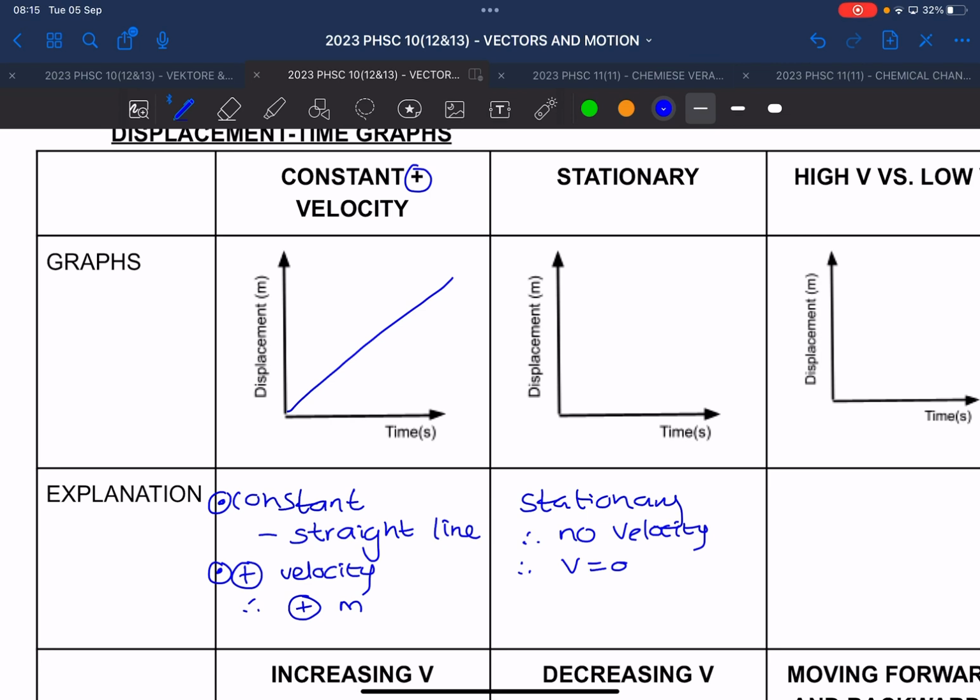If the velocity is 0, Hope, what does that mean for the gradient? The gradient is 0. And Relo, what will a 0 gradient line look like? Show it with your hands. Thank you.